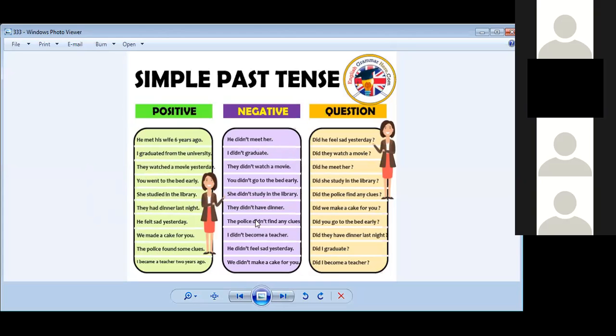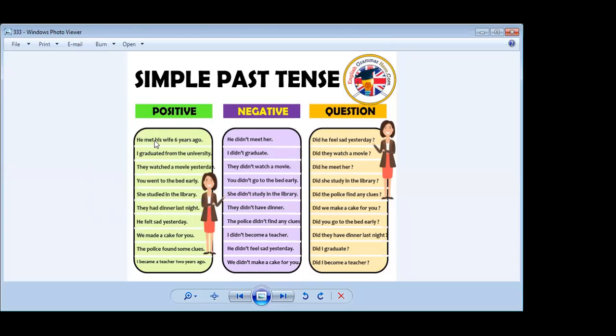Okay, student? But the rule is easy. It is easy but it needs attention to the infinitive and attention to the difference between regular and irregular. Okay, student? Now let's move to something else.